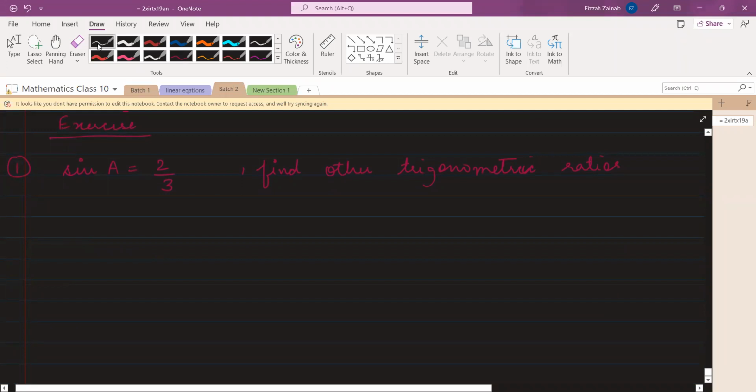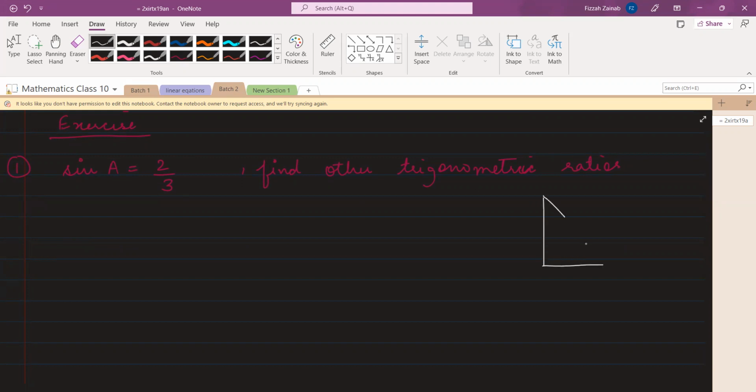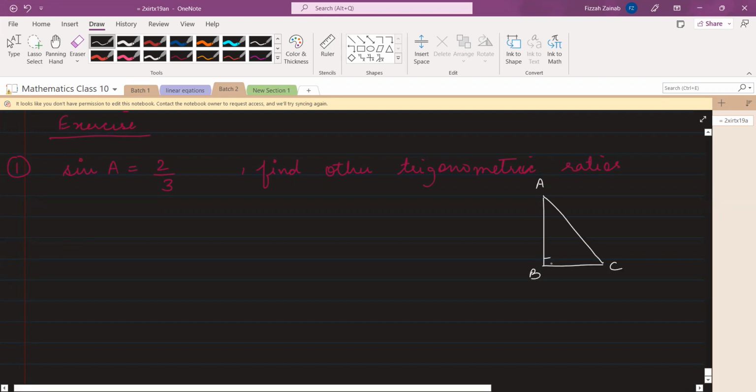So one of the questions I'm solving and then I'll give you questions to solve, right? So now see here, you make a triangle first of all. ABC. Let's say this is the right angle triangle, right?